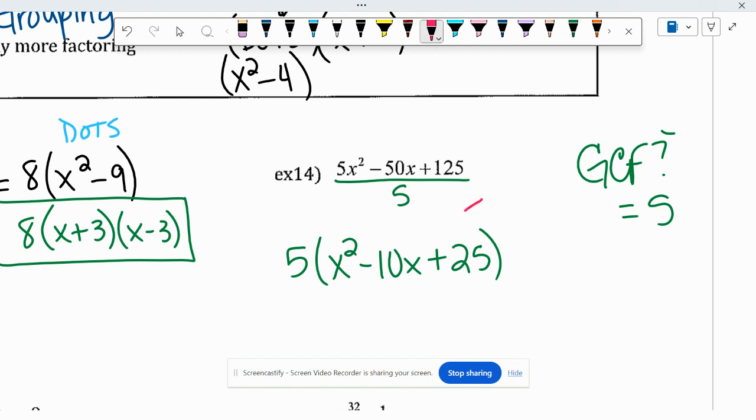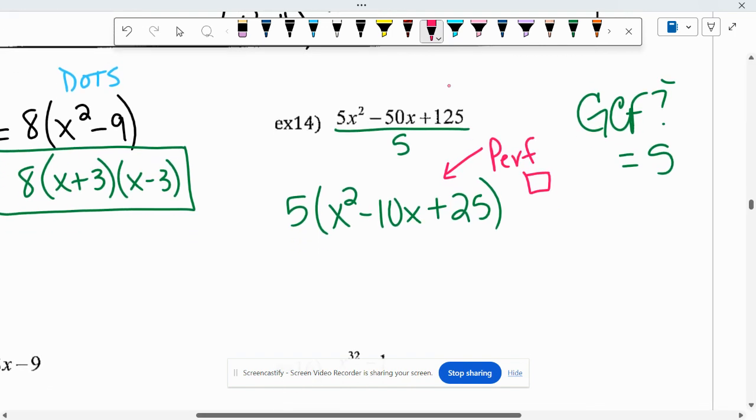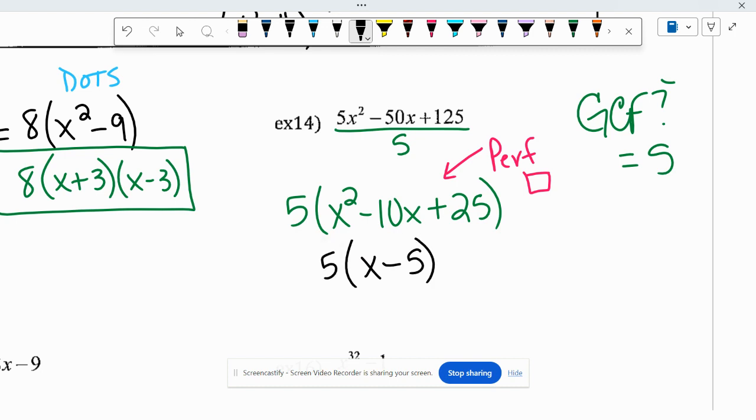What does that look like? Yeah, that looks like a perfect square trinomial. Let's see. What is the square root of 25? It's going to have a plus or minus in it. It's going to be x minus 5. So I have 5 up front, x minus 5, the quantity squared.